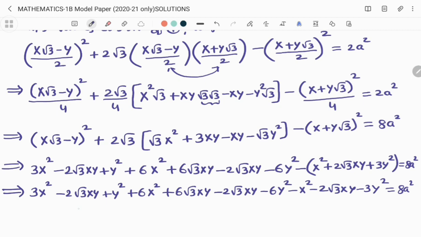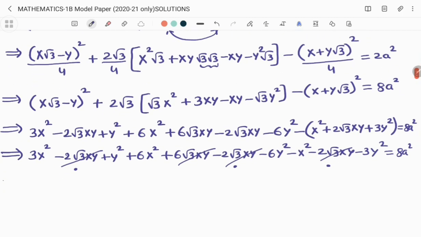So here minus 2 root 3 xy, minus 2 root 3 xy, minus 2 root 3 xy, and plus 6 root 3 xy, all will be cancelled.